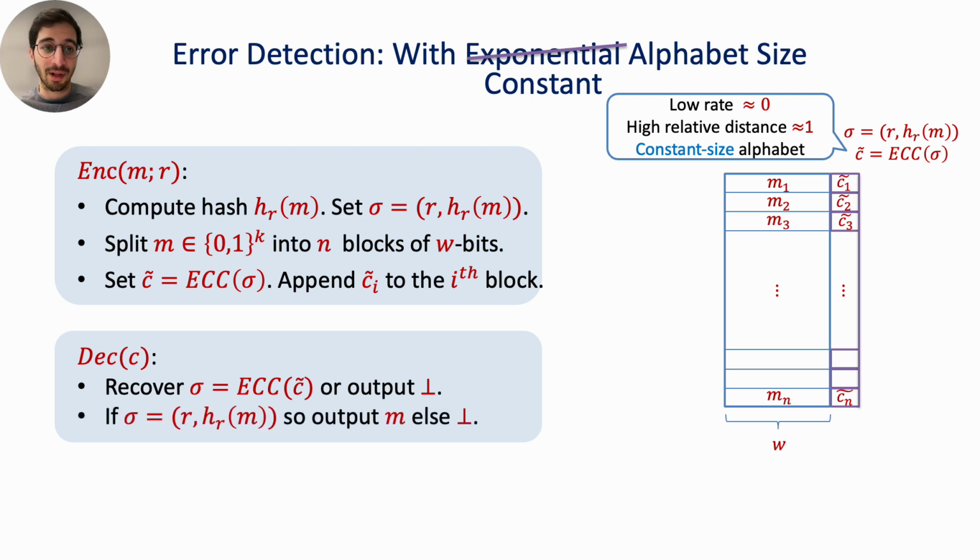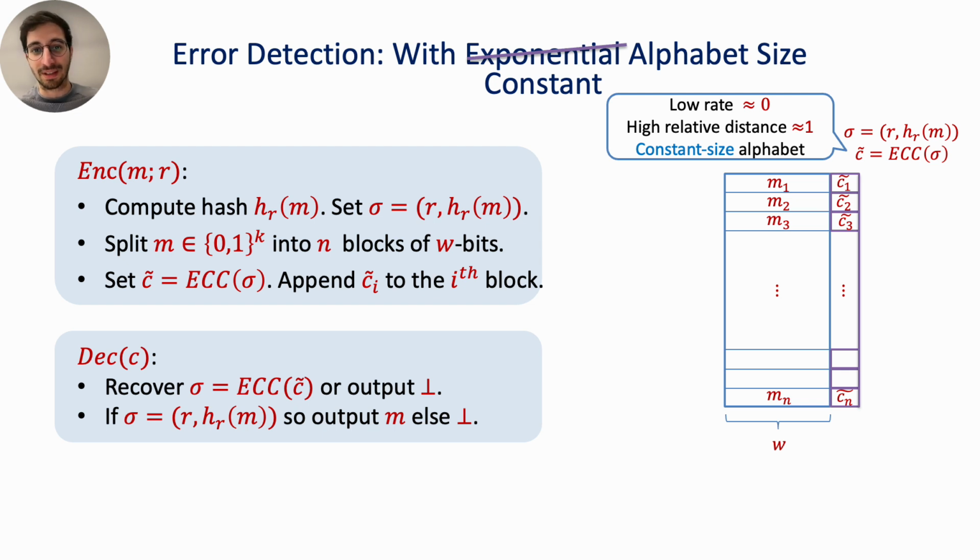Otherwise, if we're able to recover, then by the distance on the sigma part, this implies that you had to change a lot of symbols to actually change it.